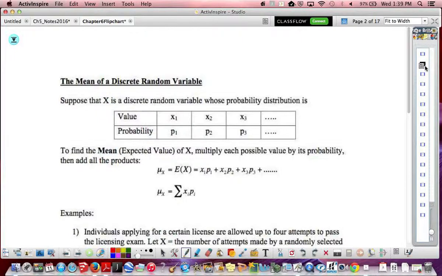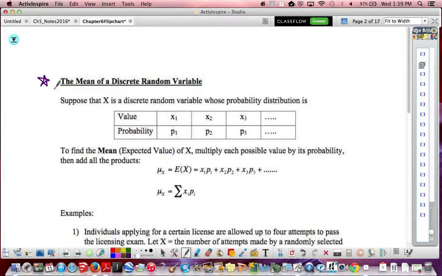One of the things that we want to be able to calculate, we're going to show you how to calculate now. And let me backtrack a little. Now that we know how to write these probability distributions, we want to perform some calculations on them. One of those calculations that we like to find out is what's called the mean of your discrete random variable.